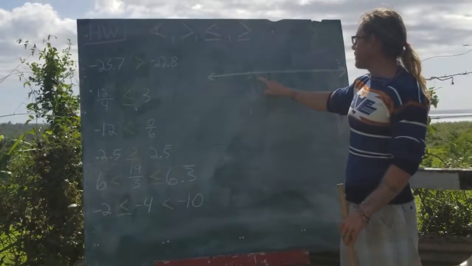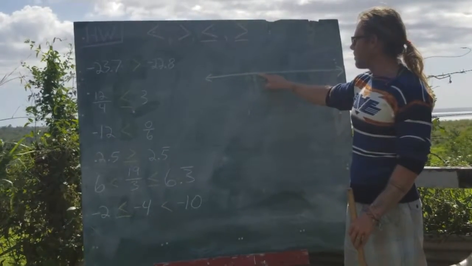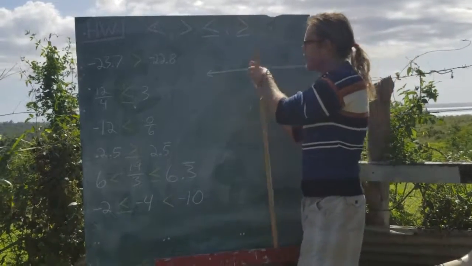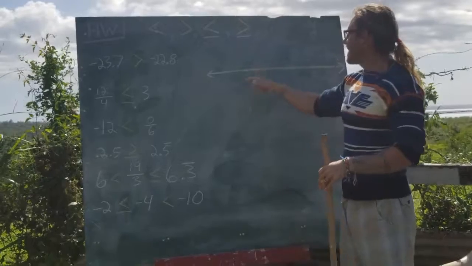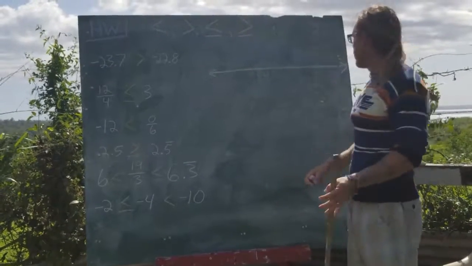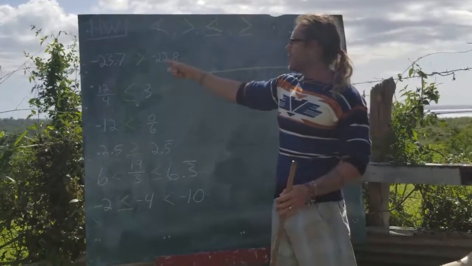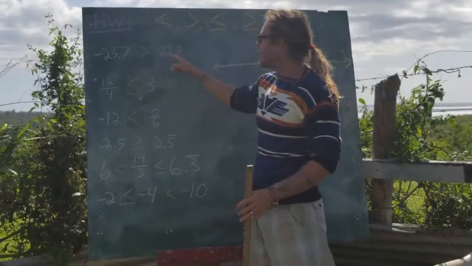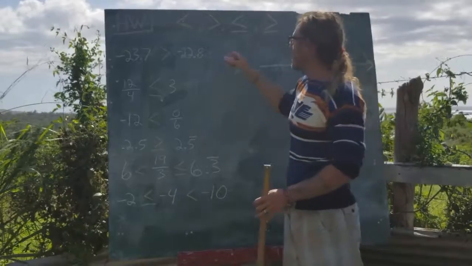So negative 22.8, if this were that point, the negative 23.7 would be more in the left direction. It is less than negative 22.8. So this is not a true statement, is it? Saying negative 23.7 is greater than negative 22.8? No, it's not. It's false.